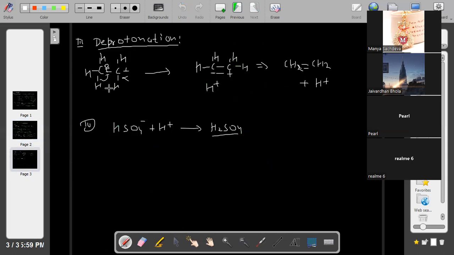In the third step, the beta carbon gives electrons to carbon and the proton is free, giving CH2=CH2, and H2SO4 is retained. This reaction is called beta elimination.